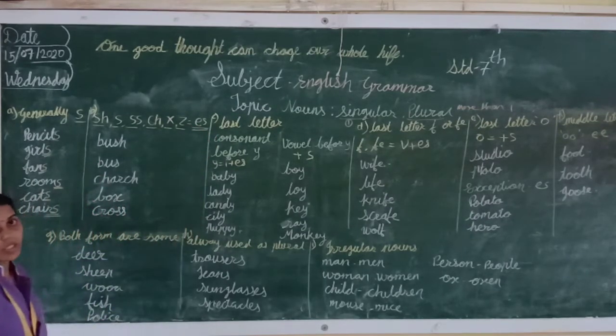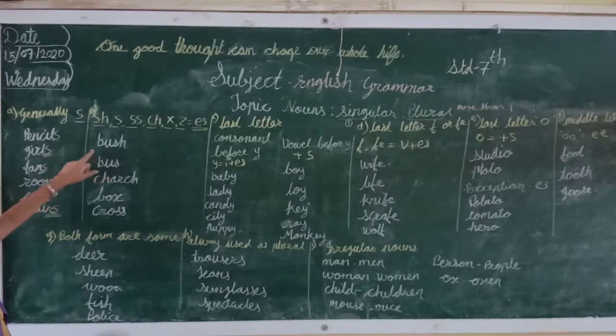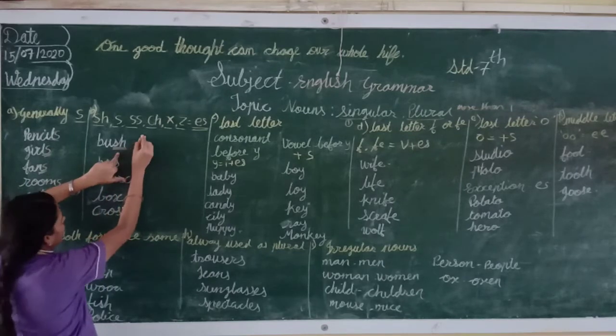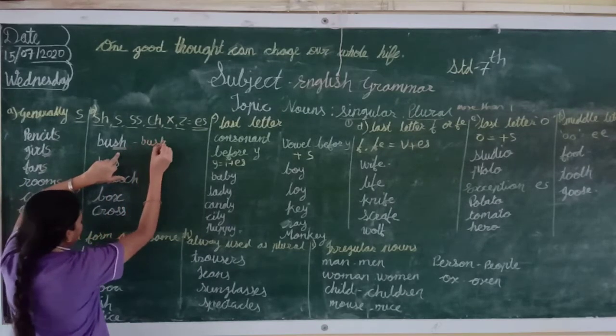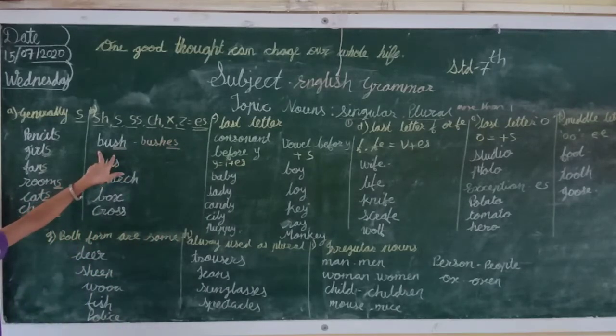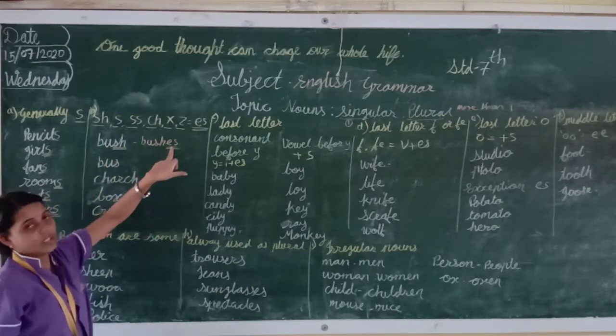Like bush. What is the last letter here? Sh. So what will you write here? Bushes. Write these words and join es.